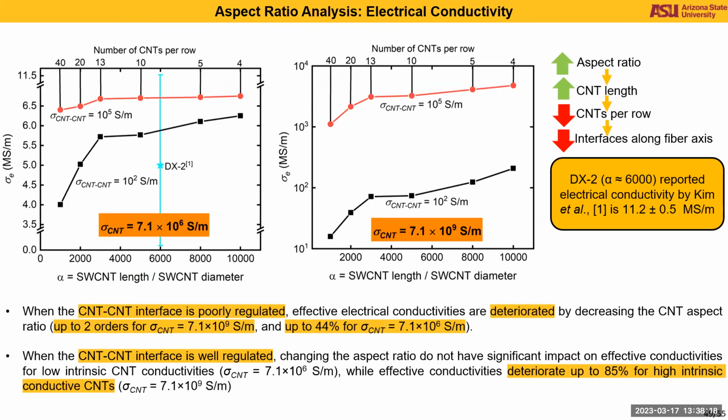So as the number of voids increase, your conductivities will decrease. That's very generic. And this is for the case if your CNT-CNT interface resistances are not well regulated. But if you have very well regulated CNT-CNT interface resistances, you see a decline in the conductivities, but not as drastic as you see with the poorly regulated interface resistances.